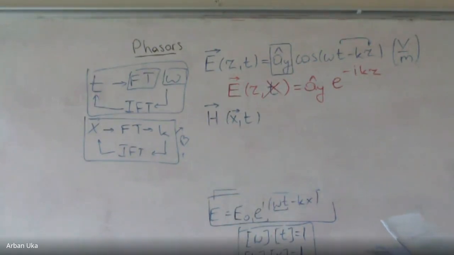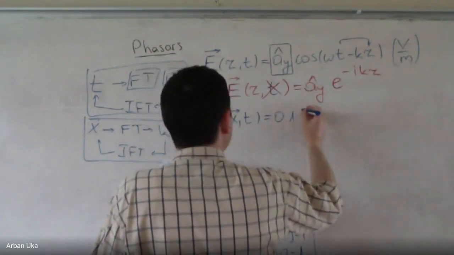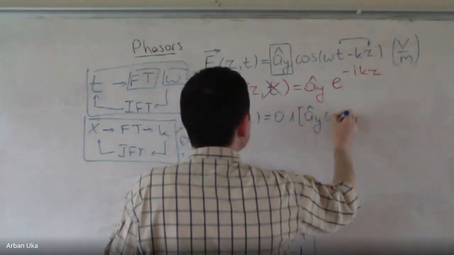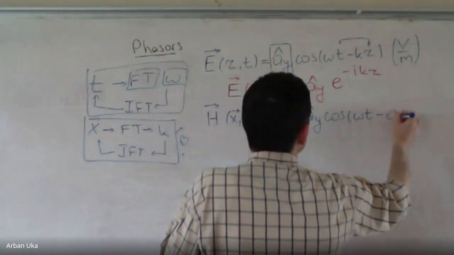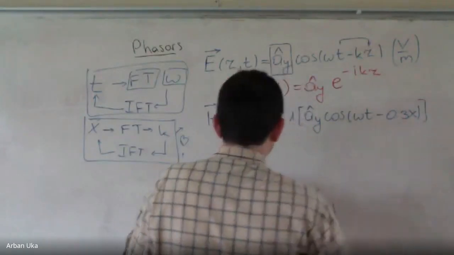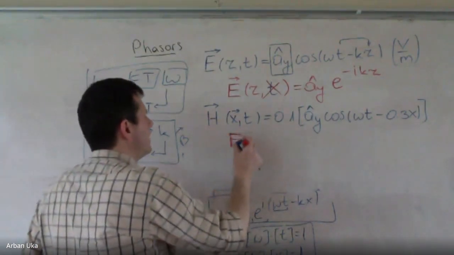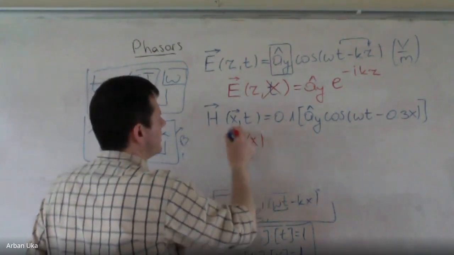Now let's see another example. Let's assume that we have this other vector field, and the phasor is going to be H of x as a vector.